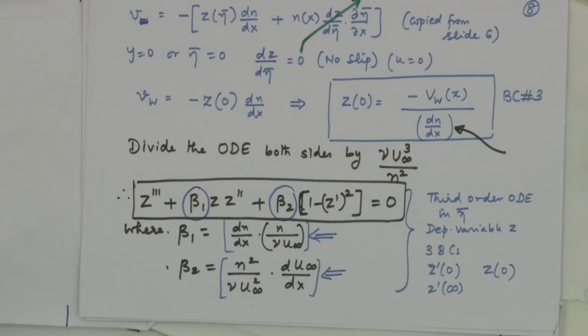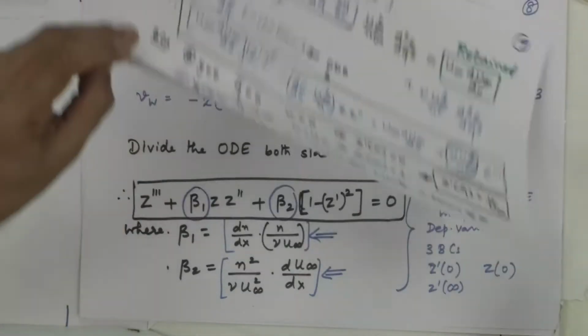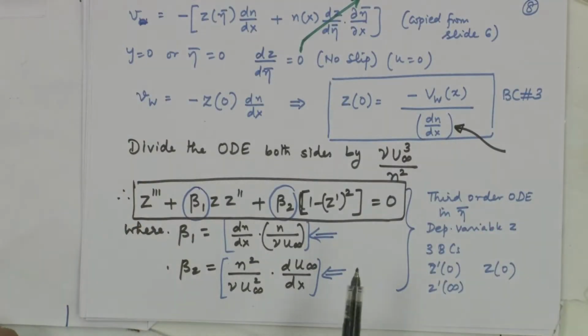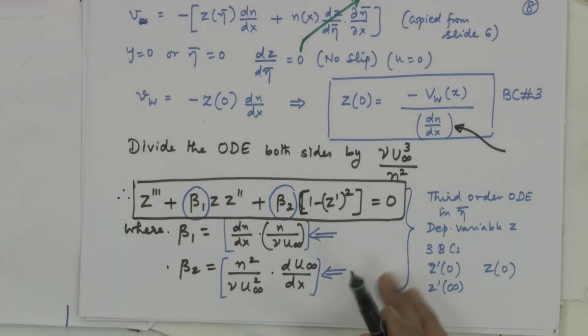So, what we are trying to say is this ODE in reality would be amenable to similarity solution if and only if there is no x and y dependency in beta 1, beta 2 and any of the boundary conditions. Luckily, these two boundary conditions are just numbers 0 and 1, but the third boundary condition is having an expression which is a function of x. None of these should be a function of x or y rather.